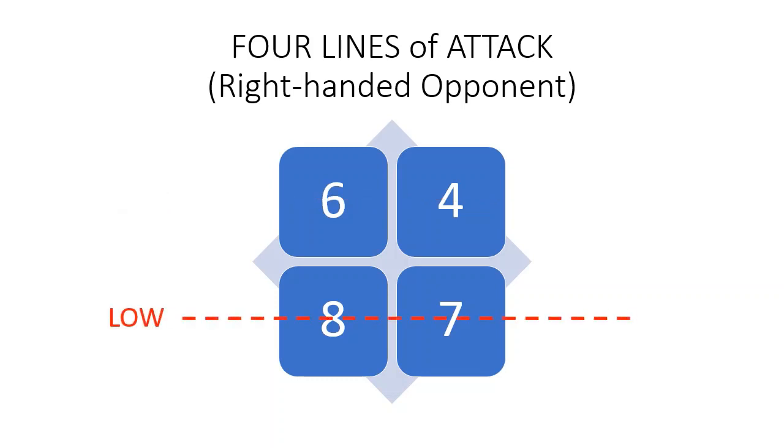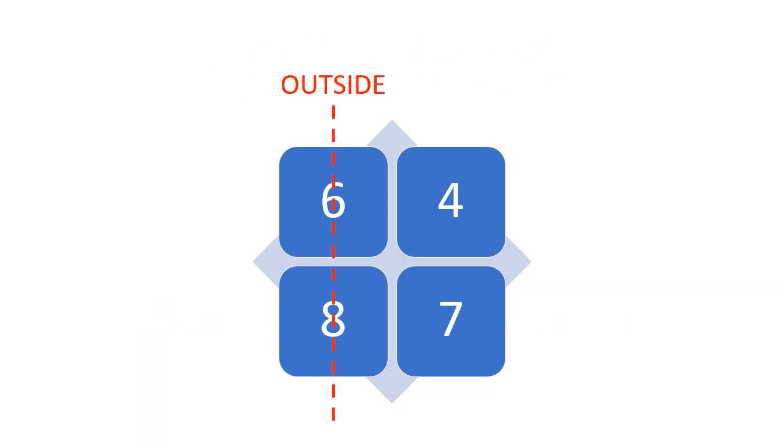The low line would be the positions below the opponent's guard, corresponding to parries 7 or 8. The outside line would be on the outside of the opponent's guard, that is the side towards the opponent's shoulder or flank, as opposed to the inside on the side of the opponent's chest or belly.